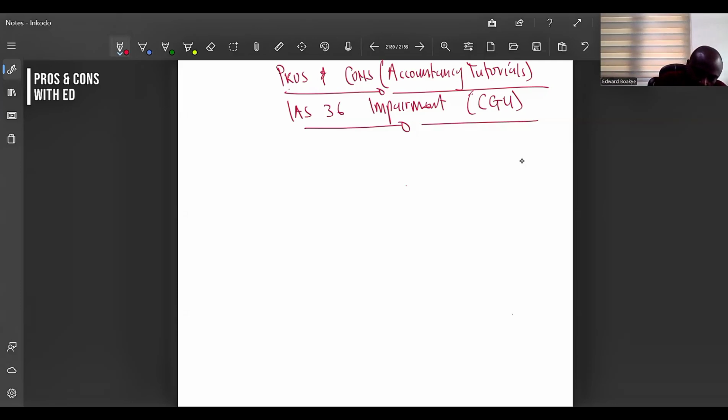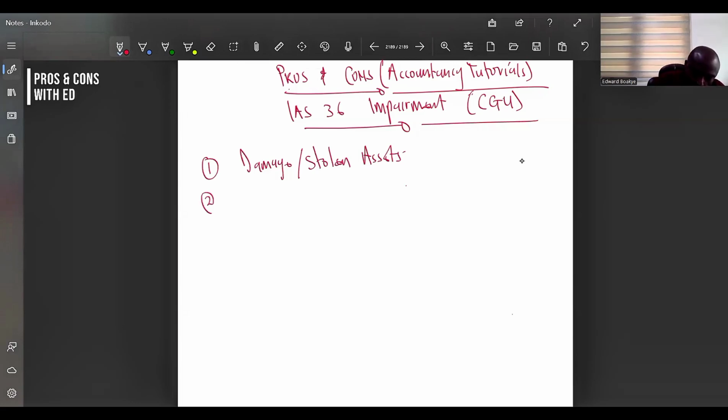So let's see the order in which we are supposed to recognize this impairment. 1. IAS 36 is saying that we will have to recognize the impairment on a damaged asset. It may not be that the asset is damaged, but it is stolen as well. So it is a damaged or stolen asset.